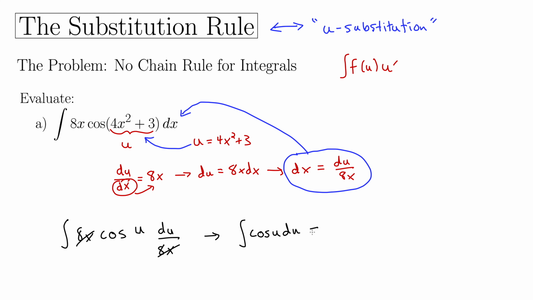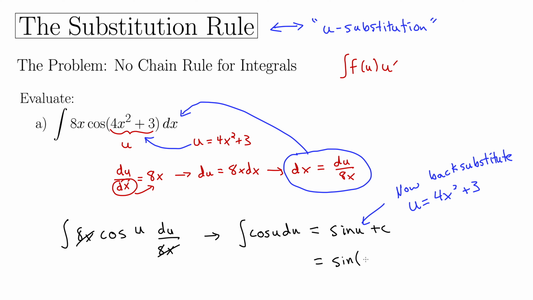The integral of cosine is sine, so we have sine u plus c. But now, of course, we want to back substitute because we recall that u actually equals 4x squared plus 3. This gives us a final answer of sine of the quantity 4x squared plus 3 plus c. Don't forget your plus c.